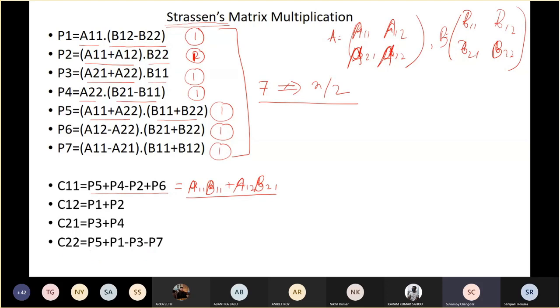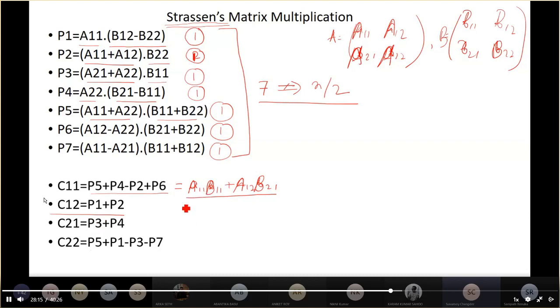Okay, let us check for one. I am considering the simplest one, say C12, P1 plus P2. You can check the others. If you find anything wrong, let me know.